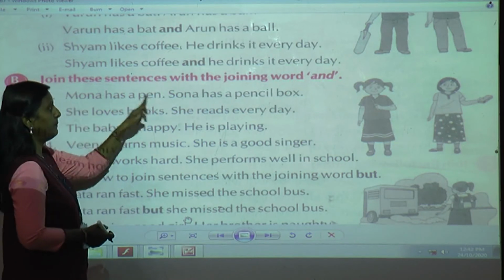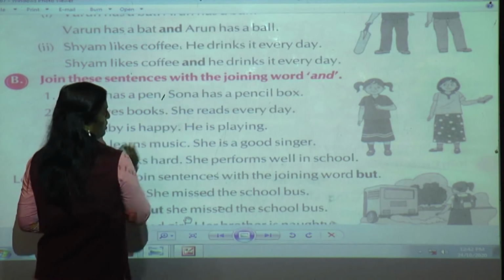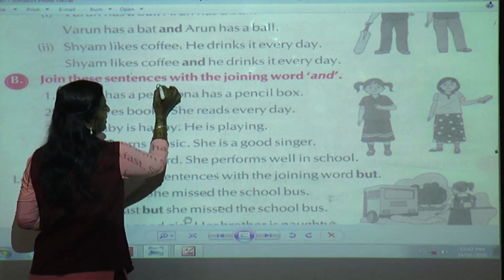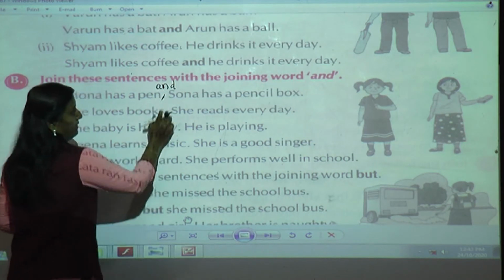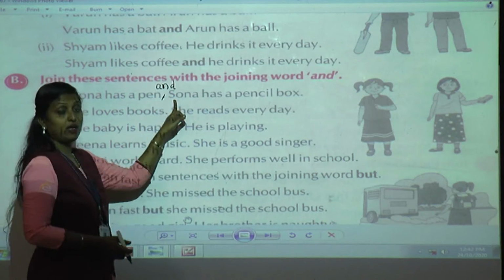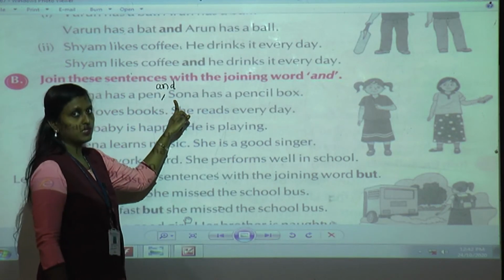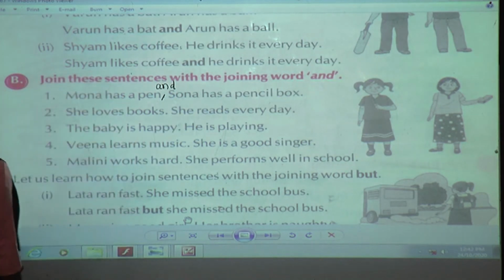Mona has a pen. Here my sentence ends, so I am going to cancel this full stop. And after pen I am going to write and. Sona has a pencil box, full stop. Now here Sona, S will remain capital because it is the name of a girl. Understood, students? Okay, over. Next, she loves books.